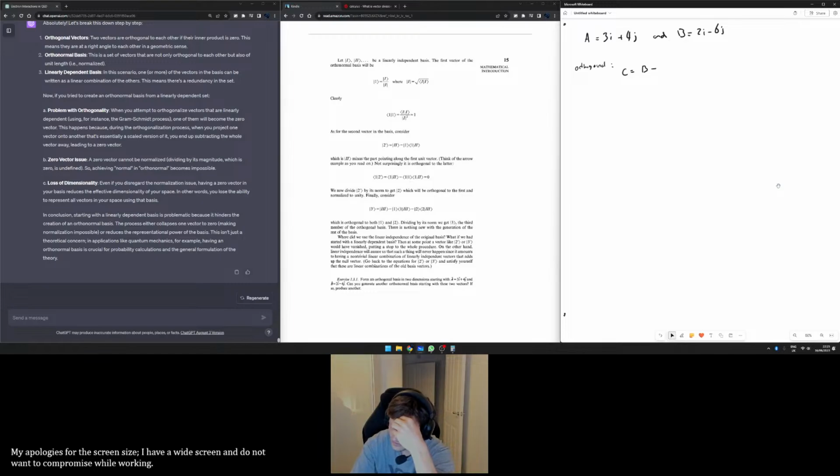So is this just saying, orthogonal means, well, let's see if it's orthogonal, right? So let's do AB equals, let's just see how it goes. It's 3i plus 4j plus, it's a plus b, isn't it?